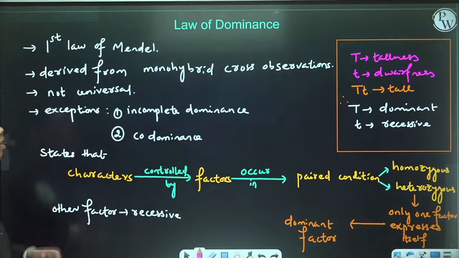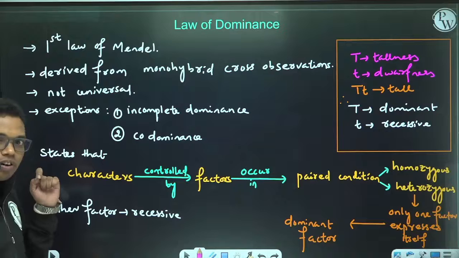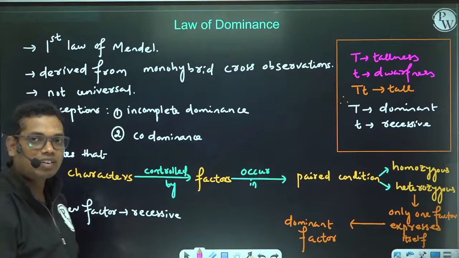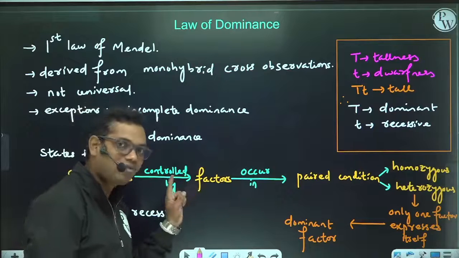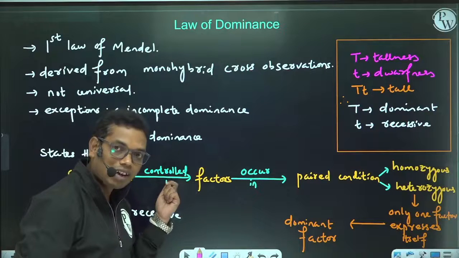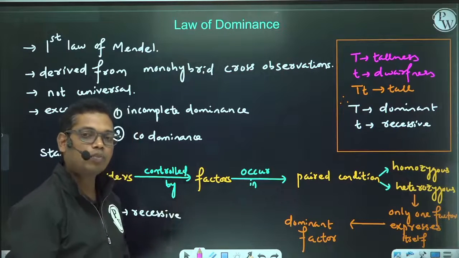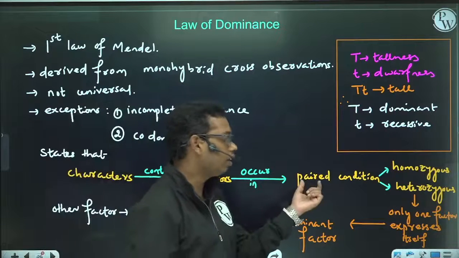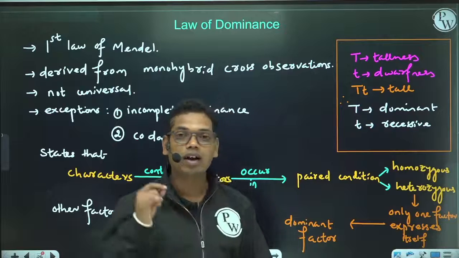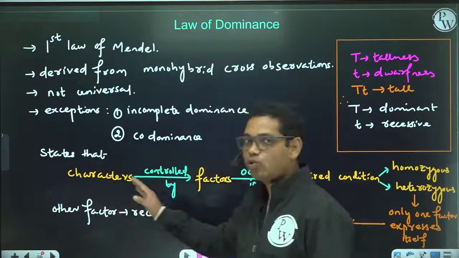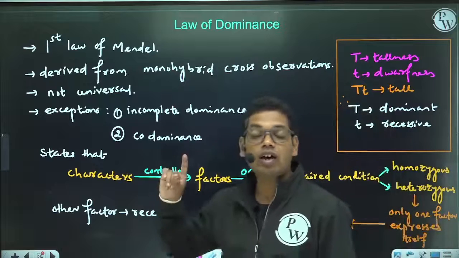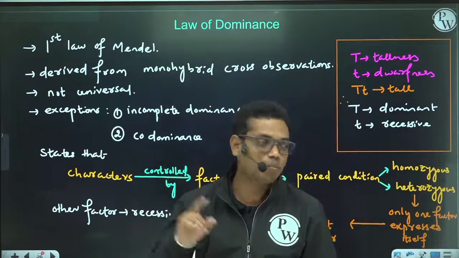This law of dominance states that every character is controlled by factors, and the factors responsible for controlling a character always occur in paired condition. I repeat, every character is controlled by factors, and those factors for each character are present in every individual in paired condition.